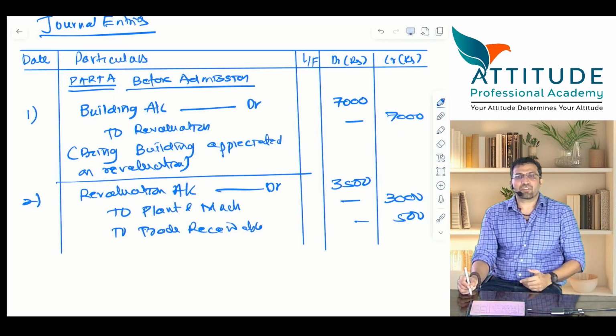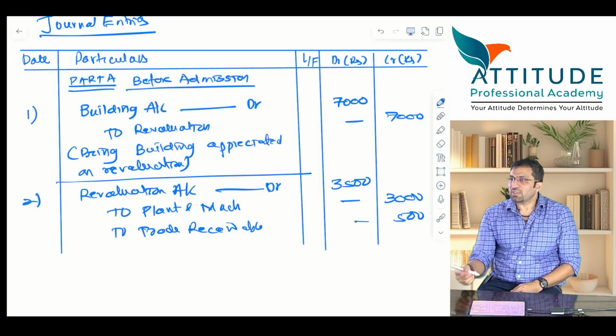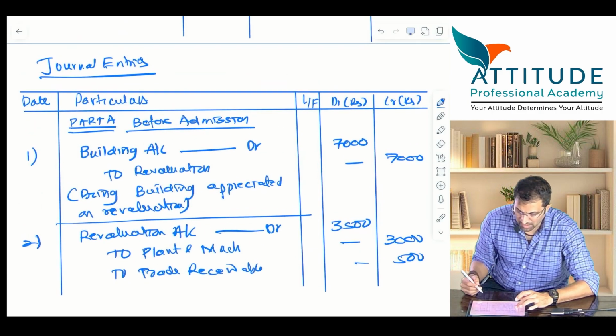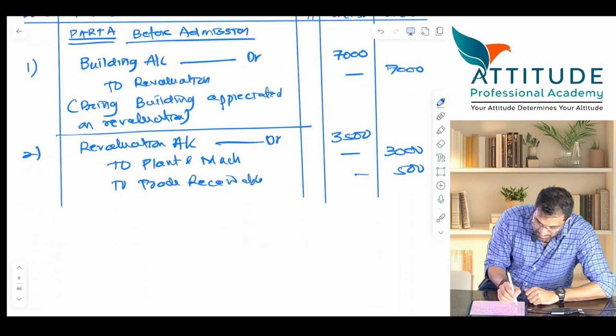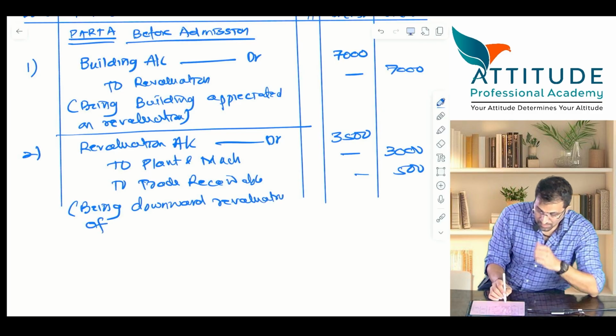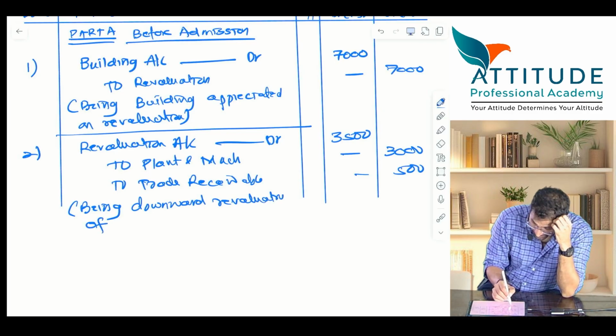Done, revaluation of assets and liabilities. Now shall we post it in revaluation account? Shall we take it in revaluation account? Come down to revaluation. Write the narration. Narration. Being downward revaluation of assets.